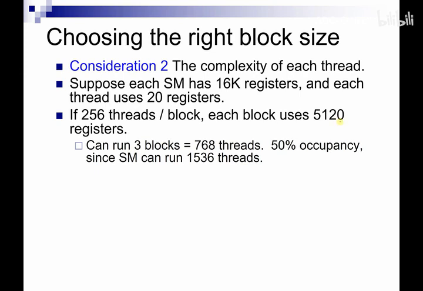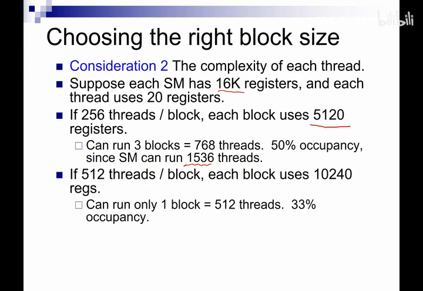That's like 5,000 registers. Since you have only 16,000 registers available and each block uses 5,000 registers, you can run 3 blocks. 3 times 256 is 768. Remember that you could run 1500 threads, and you're only running 768 here, so that's only half occupancy.